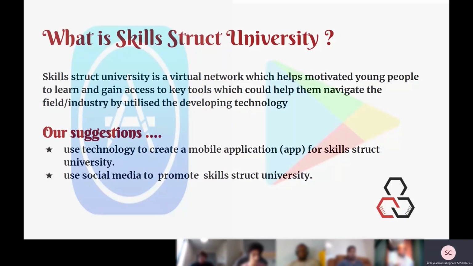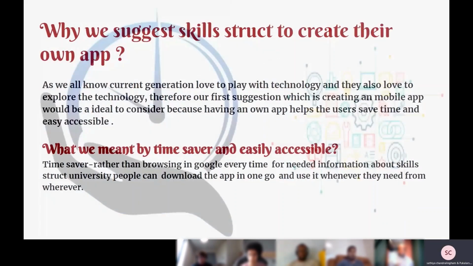Our suggestion: use technology to create a mobile application for SkillStruct University. Use social media to promote SkillStruct University. So, why do we suggest SkillStruct University create their own app? As we all know, the current generation love to play with technology and they also love to explore technology.